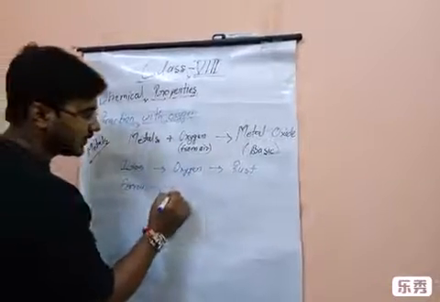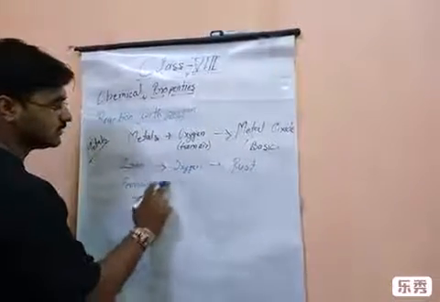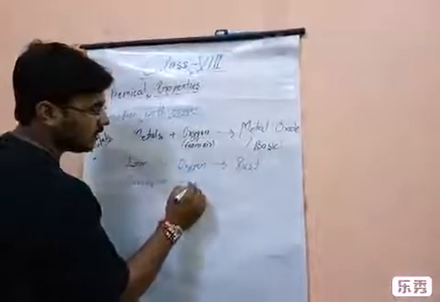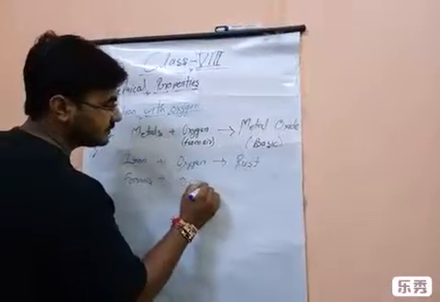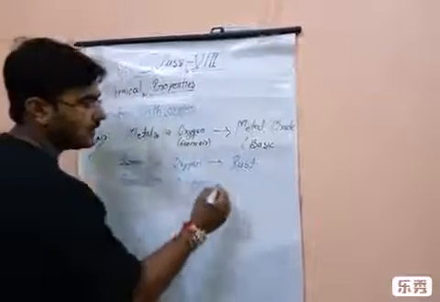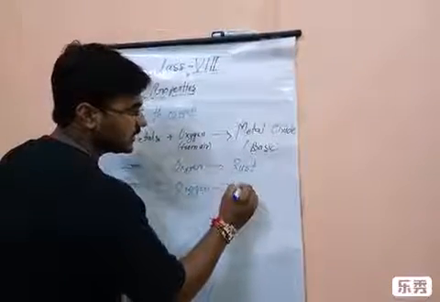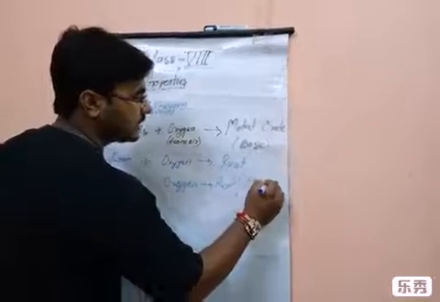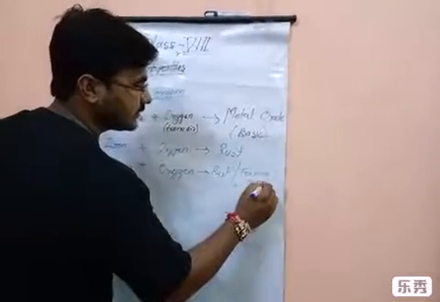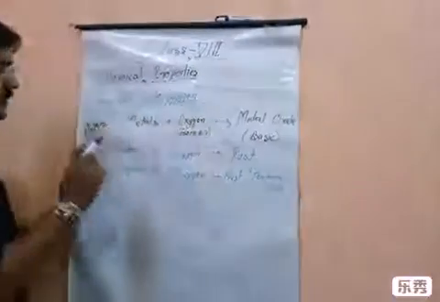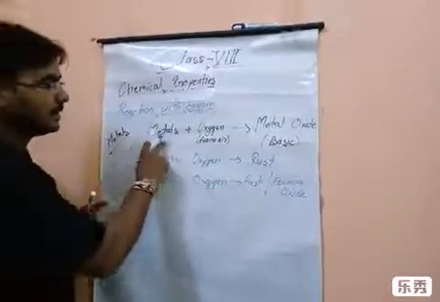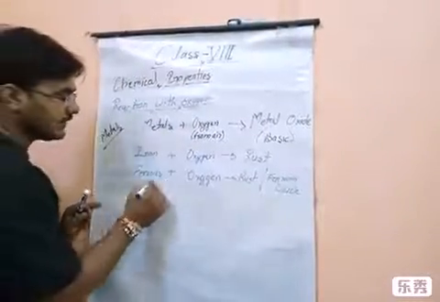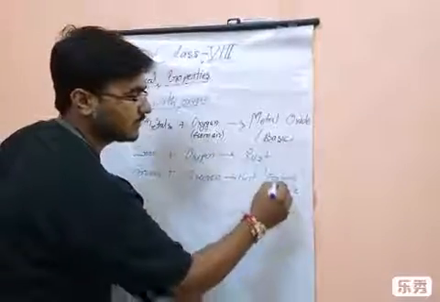Ferrous reacted with oxygen and formed rust, or ferrous oxide. Here you can notice that the metal is ferrous, and here the metal oxide is ferrous oxide.